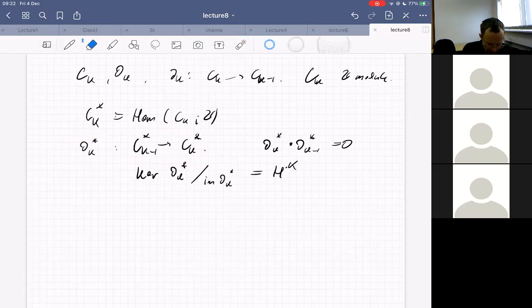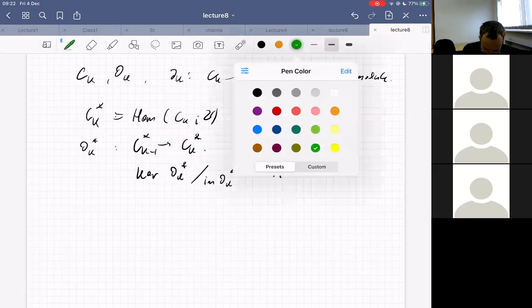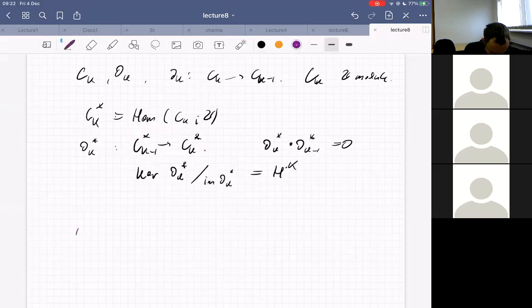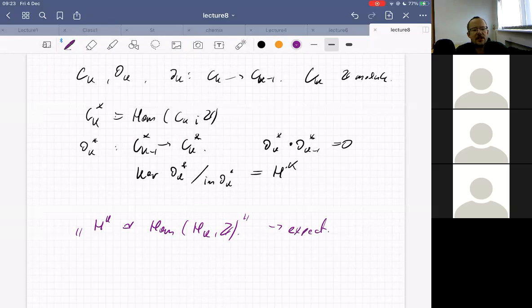So normally you would expect something like, let me write it in some color, that H^k is something like Hom(H_k, Z). And this is almost true. This is true if you work over a field.